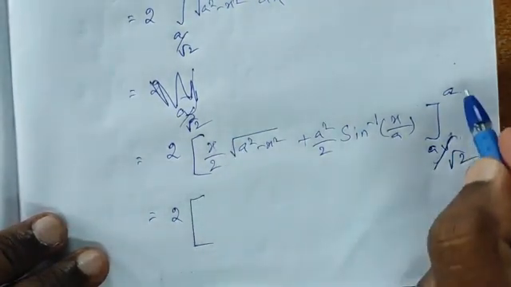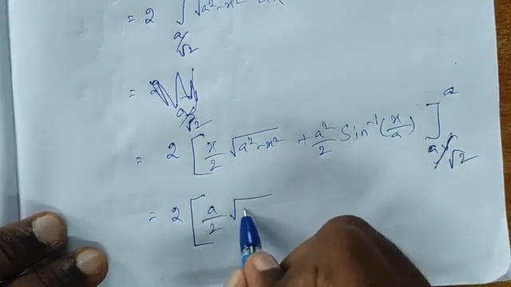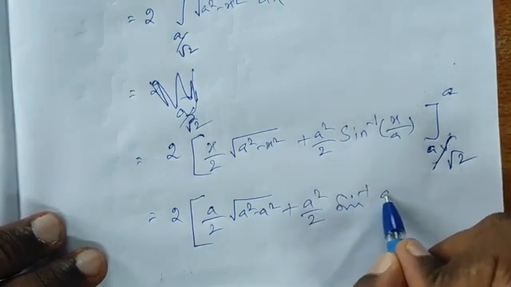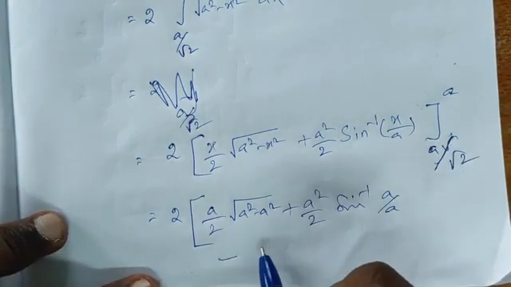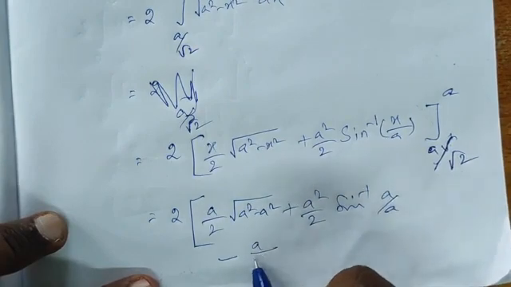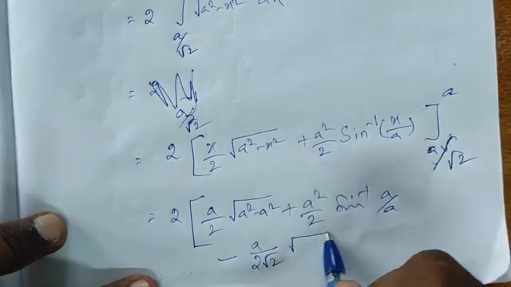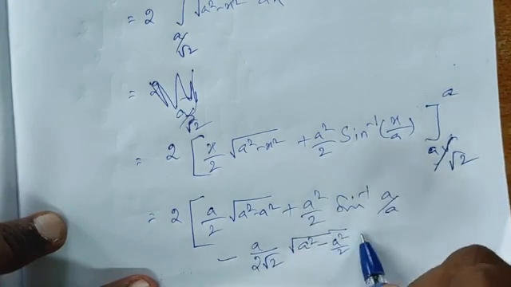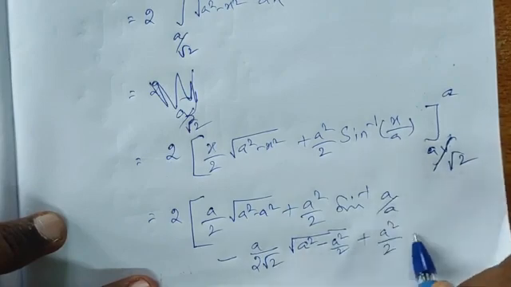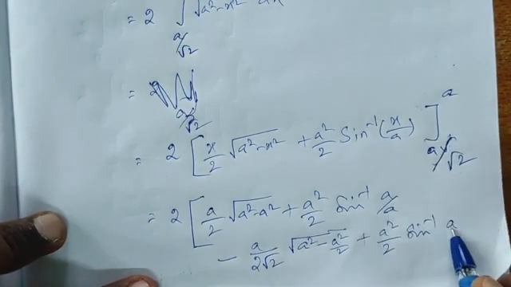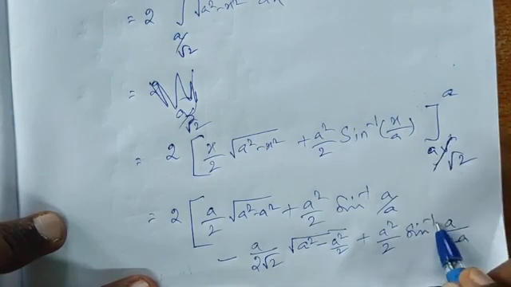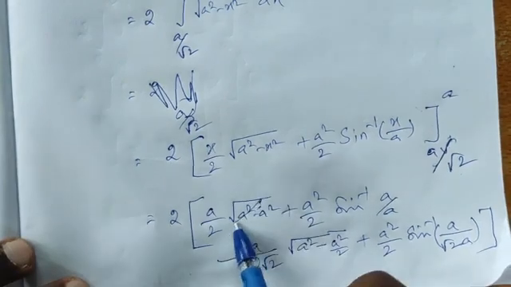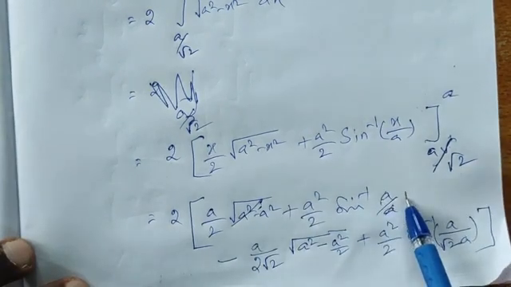Instead of x we can apply a first: a by 2 into root of a square minus a square plus a square by 2 into sine inverse of a by a, minus the lower limit a by 2 root 2 into root of a square minus a by root 2 the whole square, plus a square by 2 sine inverse of a by root 2 a. So a by root 2 into a square minus a square gets cancelled, and sine inverse of a by a is 1.